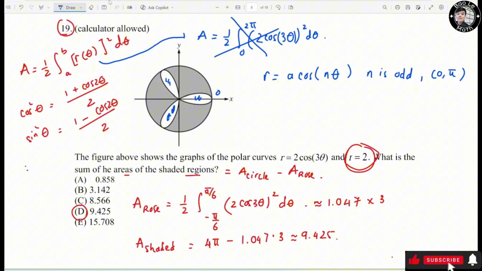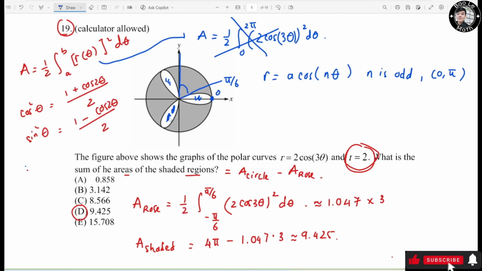Why? We look at this one right here. We start from the angle theta equals 0 to pi over 6. We trace the top half of the first petal. Now, from pi over 6 to pi over 2, it's going to be right here.